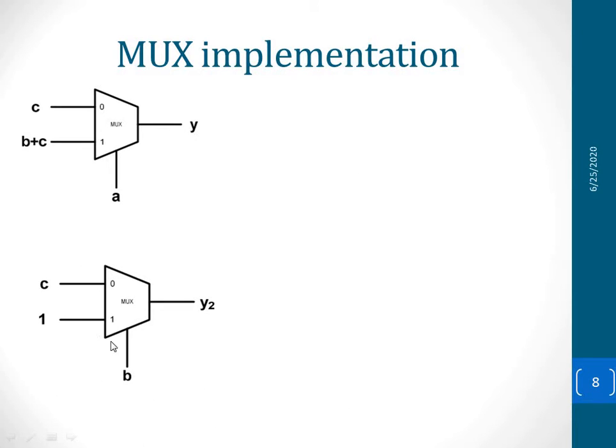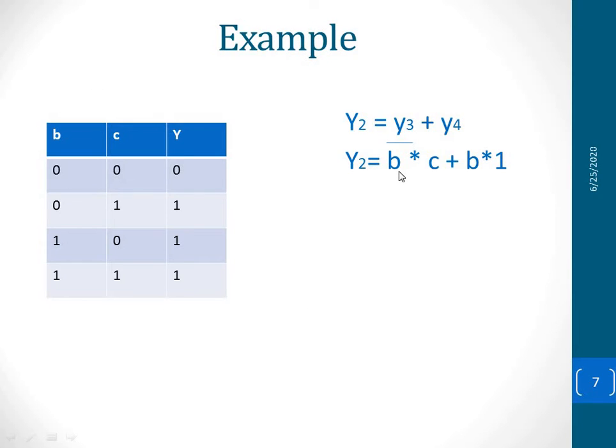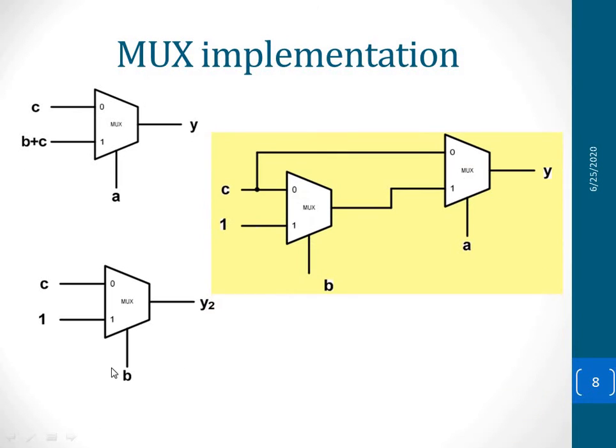But this is further simplified because we made it b plus c. So b plus c is further decomposed: b bar c plus b into 1. So this is b bar c plus b, and this c is again the same c connected here.